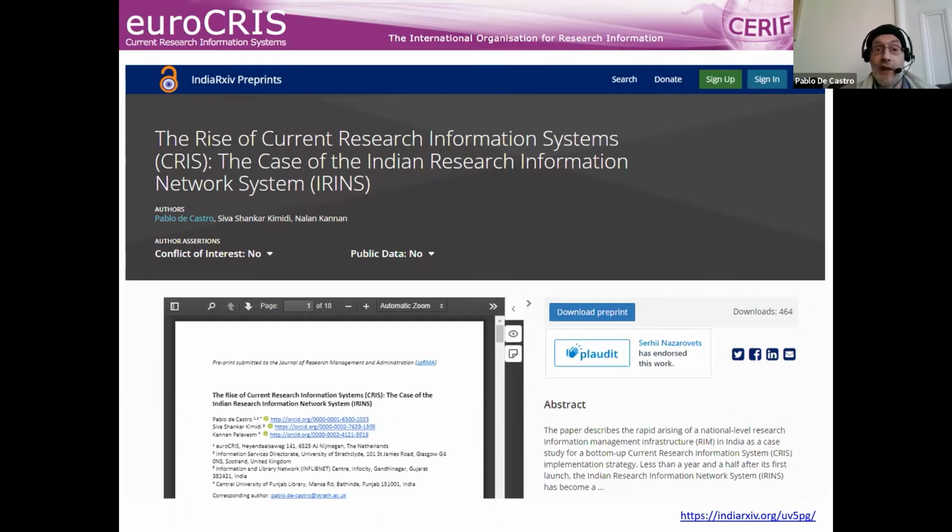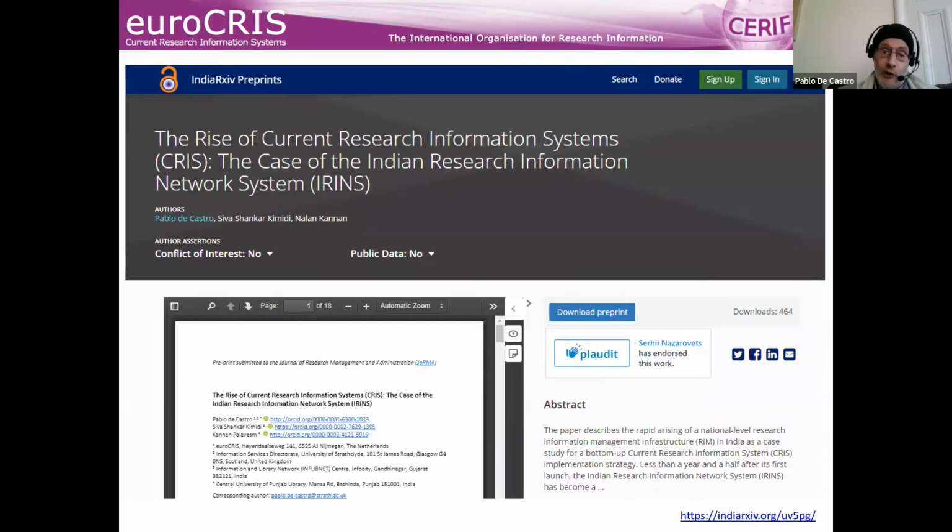The title, as you can see, is The Rise of Current Research Information Systems, with an emphasis on the case of the Indian Research Information Network System, IRINS. It has seen 464 downloads. As you can see, the URL again is at the bottom of the slide. I would recommend you to take a look at this one if you can. There is a very interesting description.